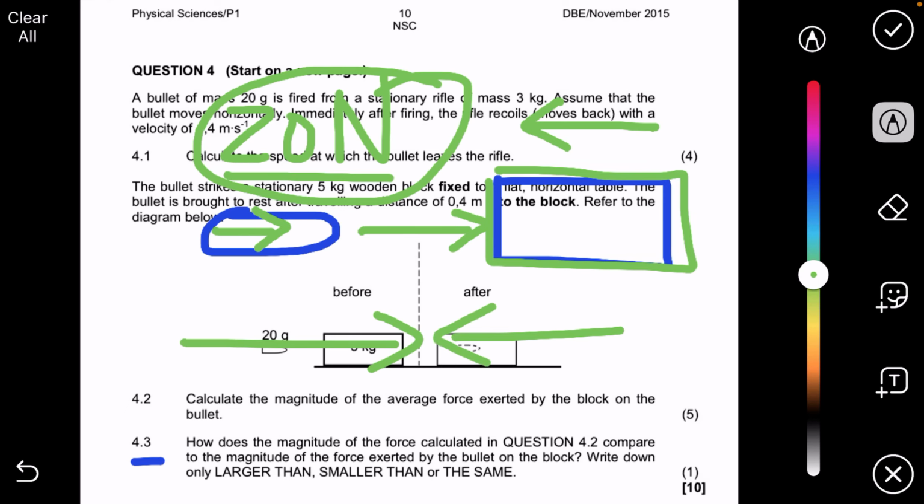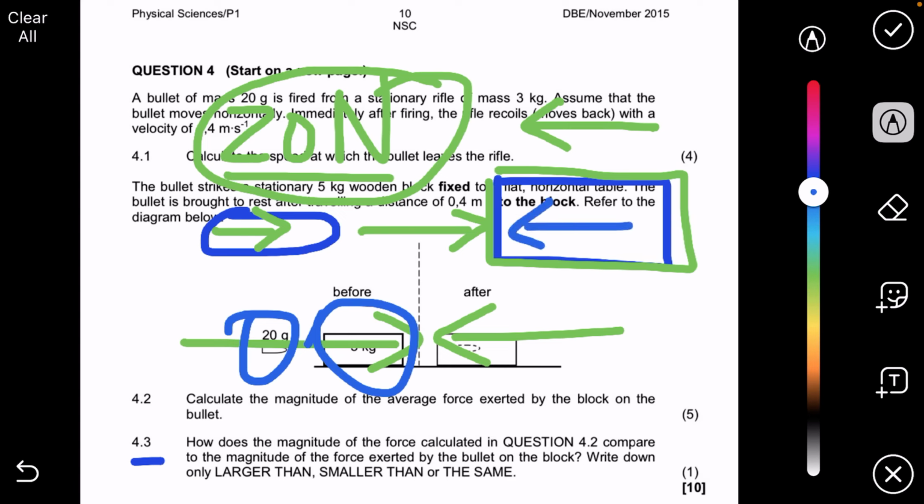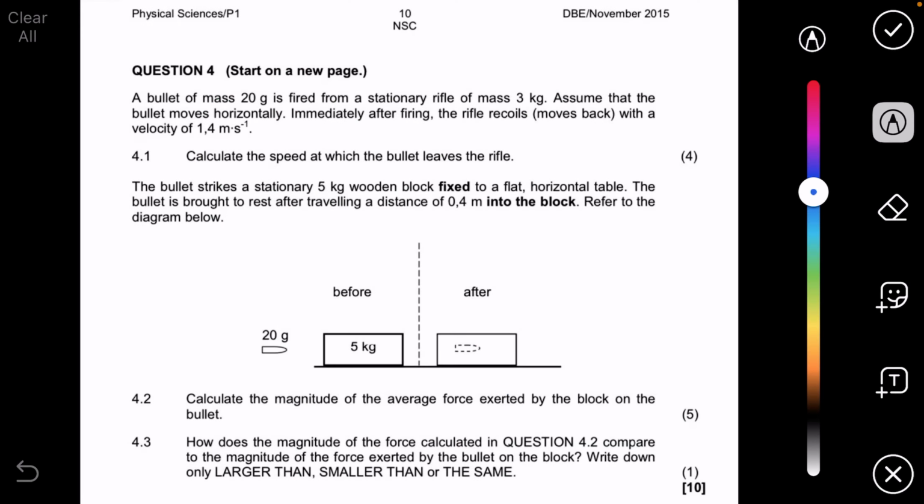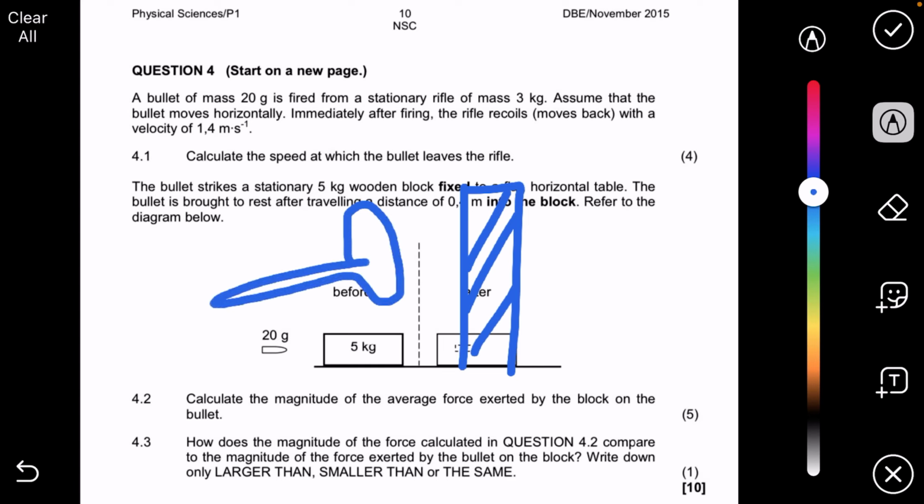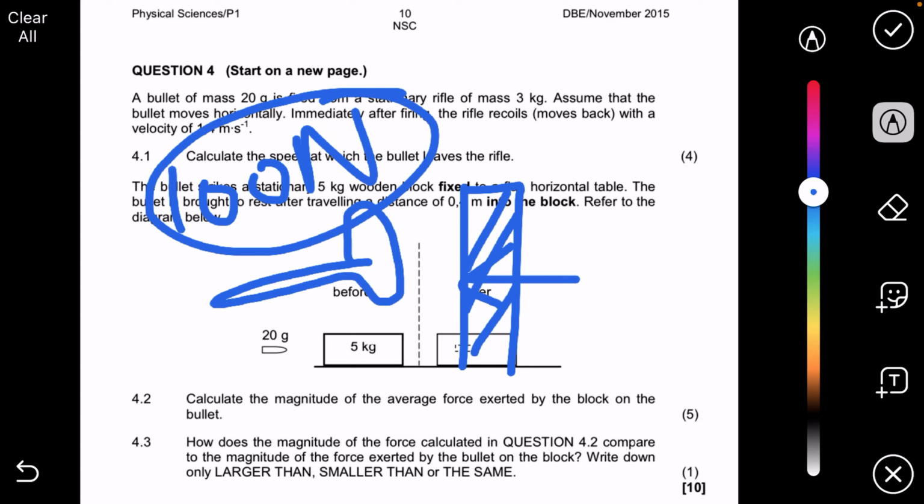We are not interested in which one, the bullet or the block, is feeling more pain. We are interested in how much force it reacts with. If you've got a wall and you hammer this wall at 100 newtons, the wall is also hammering back with the same amount of force.